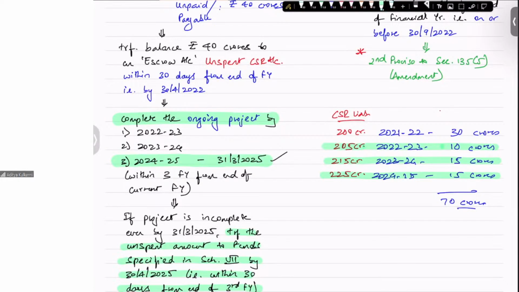Why? Because this 70 crore is actually an obligation of the first year 2021-22.